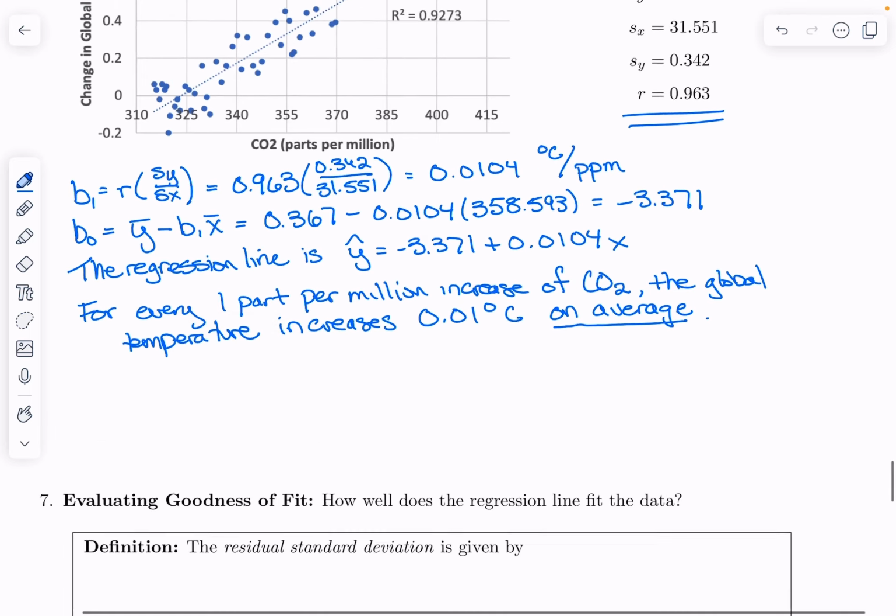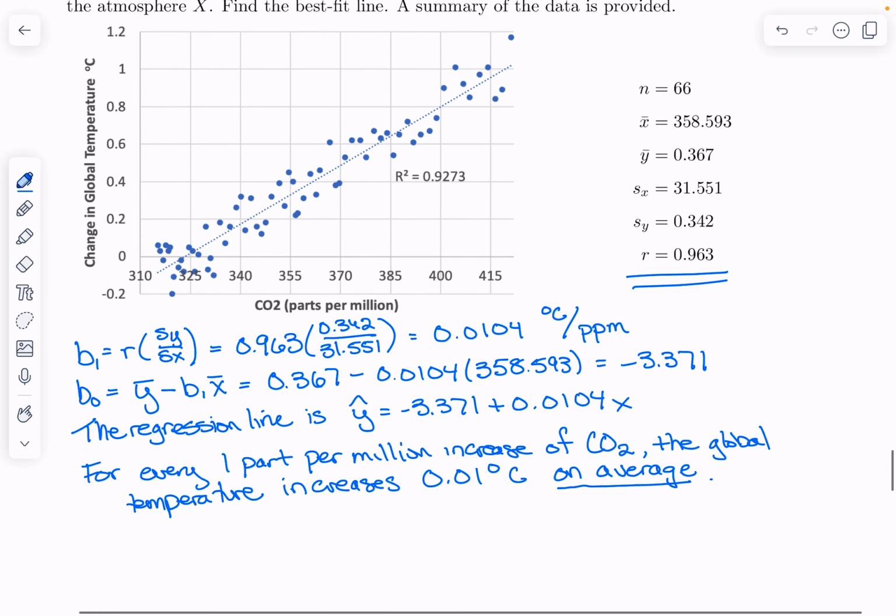But if you look at this graph, you can see that since 1960, which is where this starts, CO2 in parts per million has increased from closer to 310 to 410 parts per million.